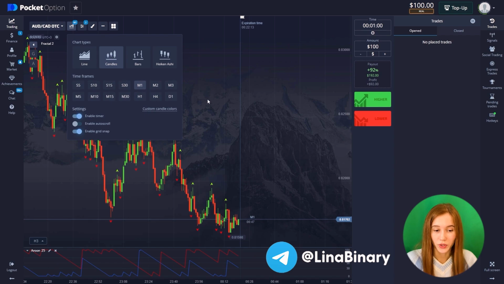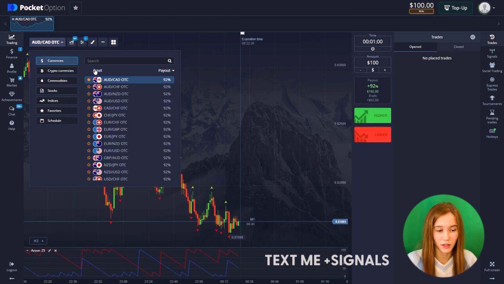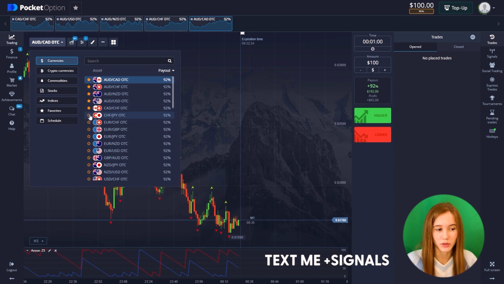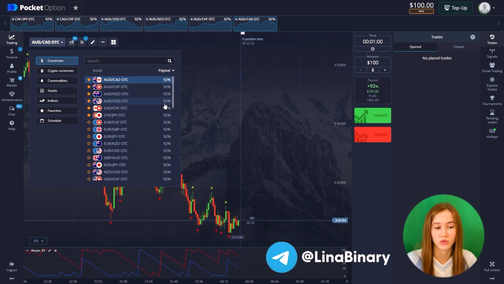That's convenient for us to trade. Next we will choose currencies. The payout percentage is about 92%. It's desirable that the payout percentage is always, no matter what you trade, more than 70%.